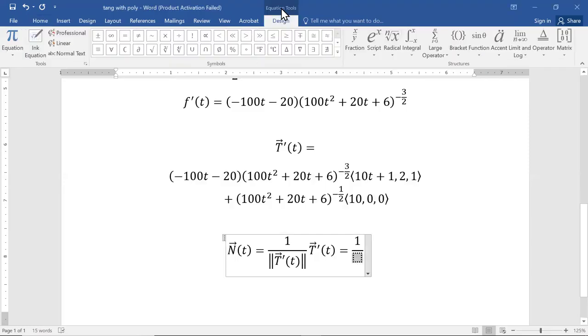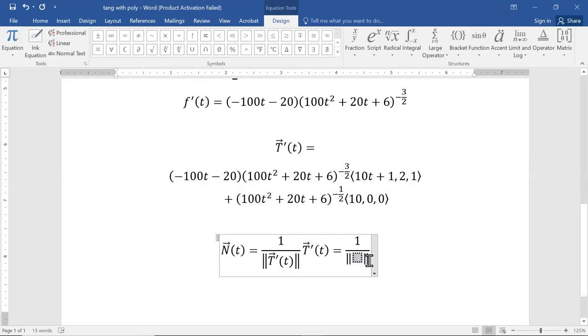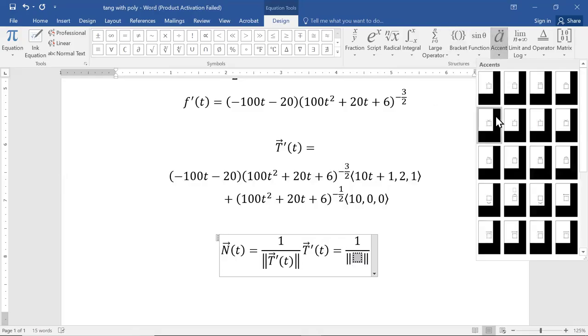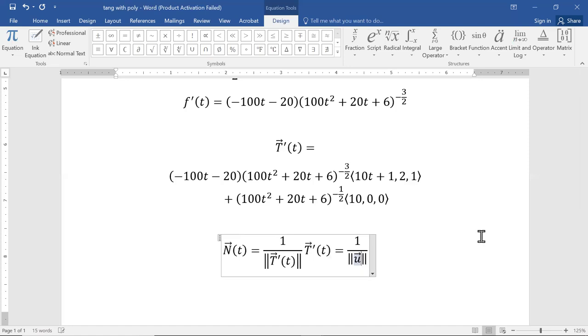If I had some vector, let's call it u, in the same direction, then I could simply do that.